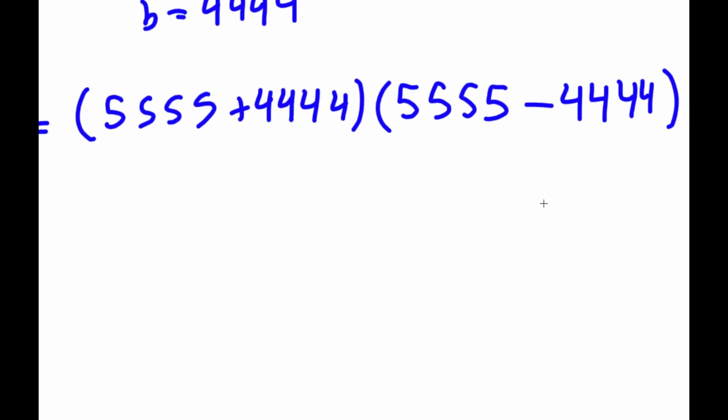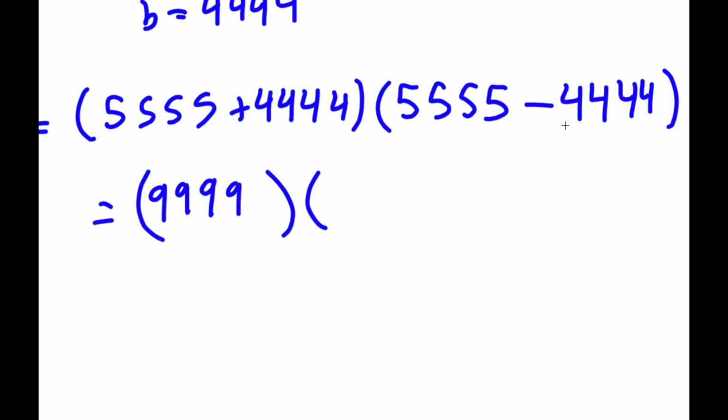Now 5,555 plus 4,444 is going to be equal to 9,999. Now I have this times 5,555 minus 4,444, which is 1,111. So now I want to multiply these two, but as you can see, it looks pretty challenging because both of these are really big numbers.